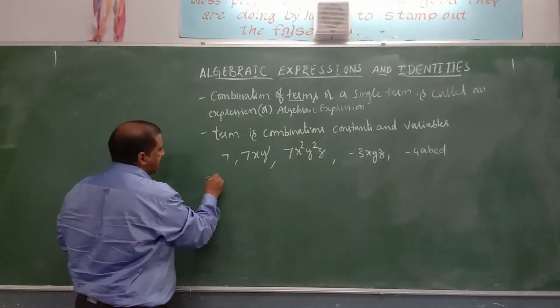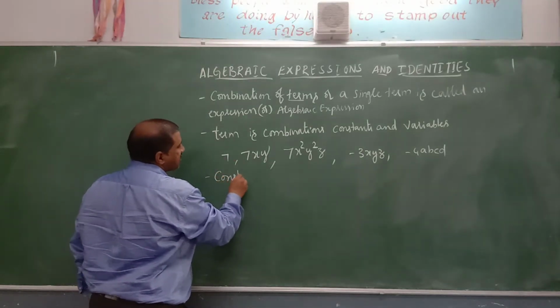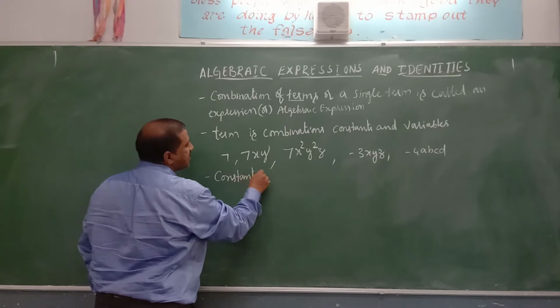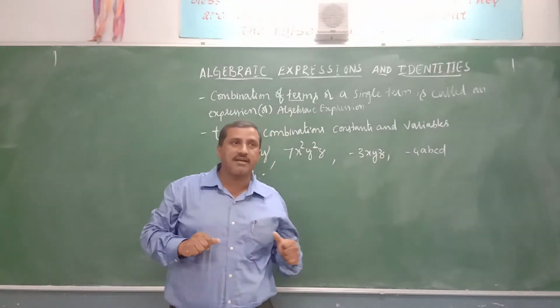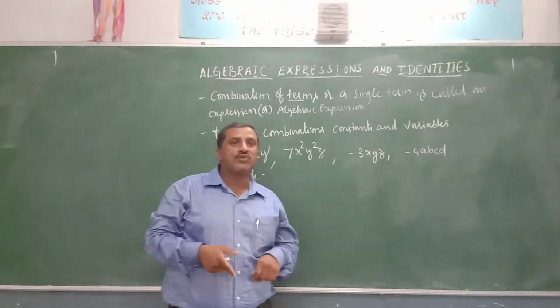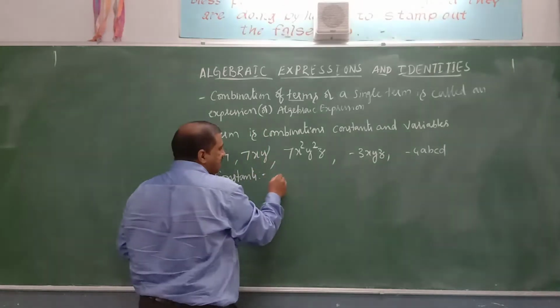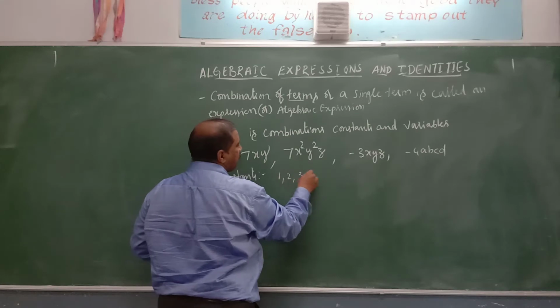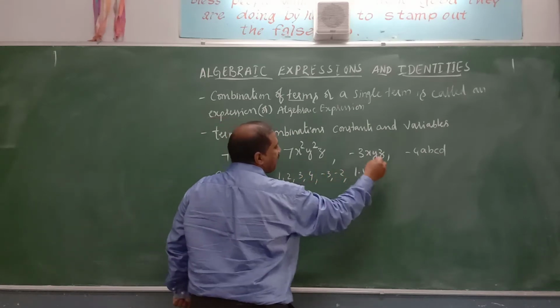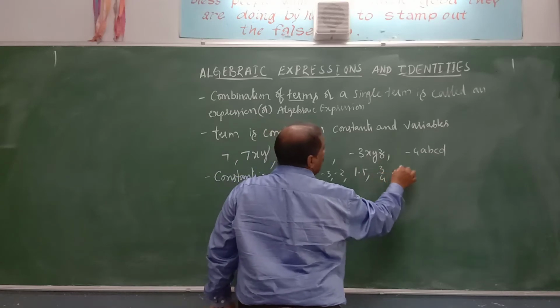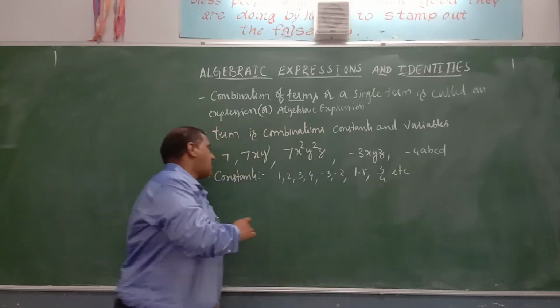Now what are constants? Constants are nothing but numbers whose values are fixed. We can take 1, 2, 3, 4, minus 3, minus 2, 1.5, or 3/4, etc. All these values are constants.